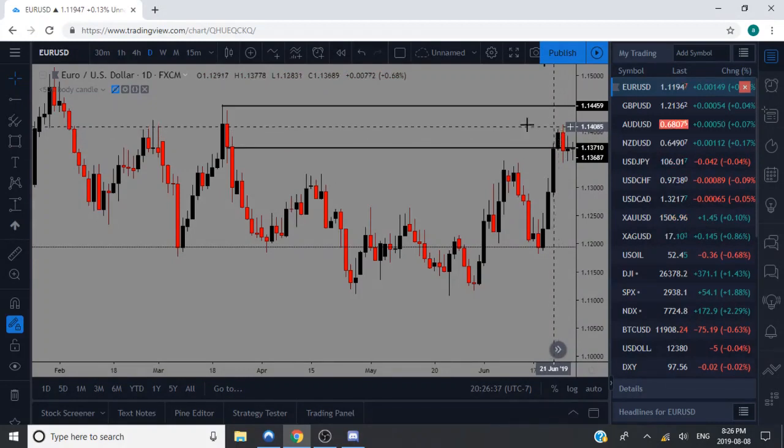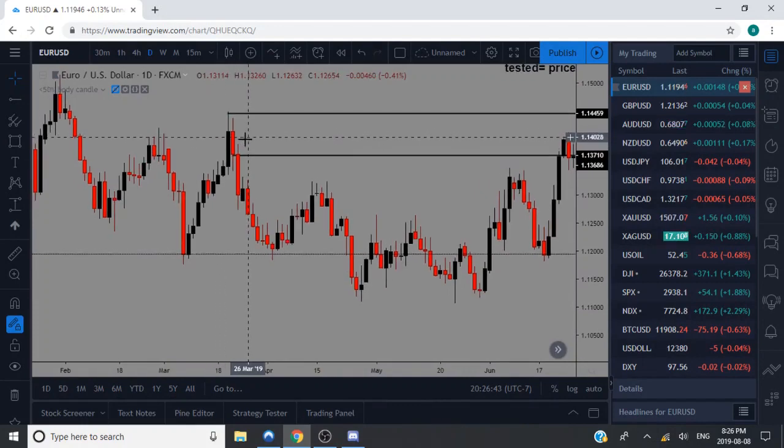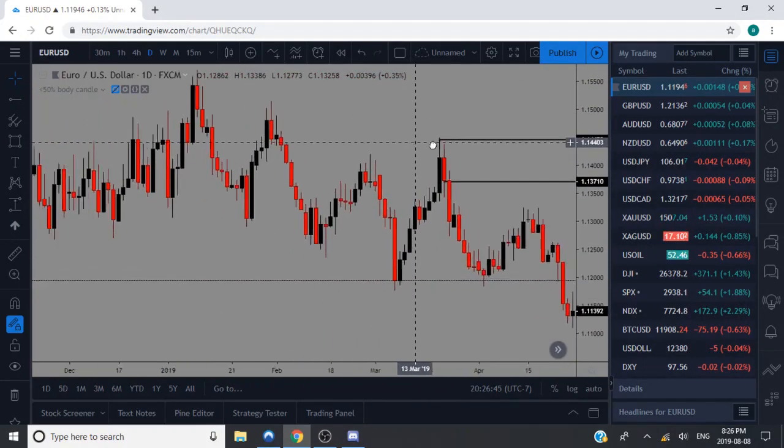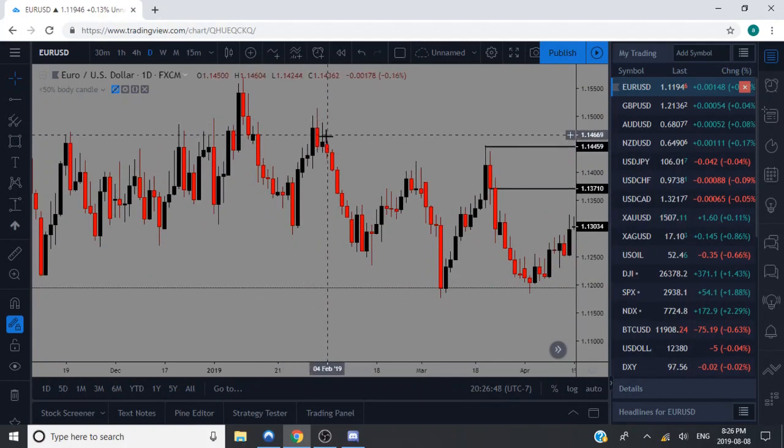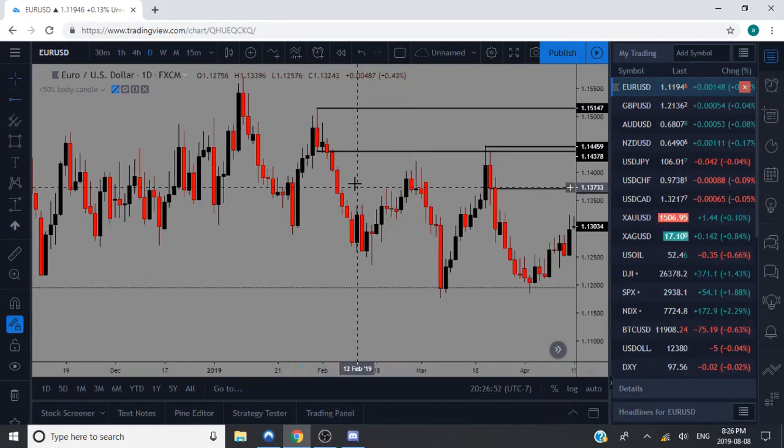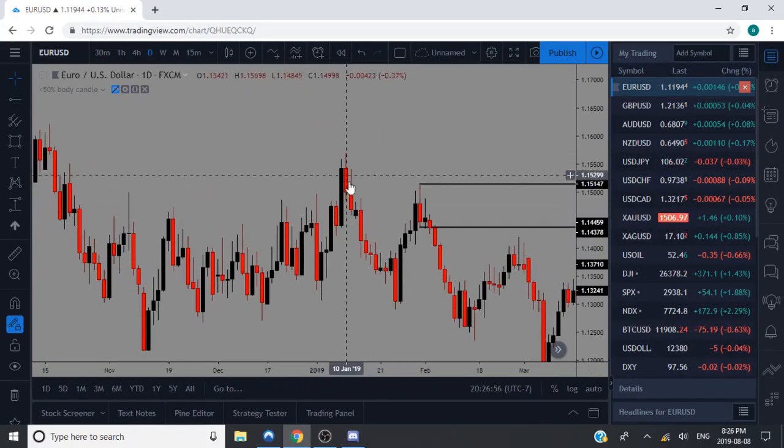So in order to find fresh, you're going to have to go up and to the left. This level is already taken or tested, so we have to go up above it and to the left. Has this supply zone been tested? How would we draw it? Like this. Yes, it has been tested by this wick right here, so we can't use that. Is this tested?